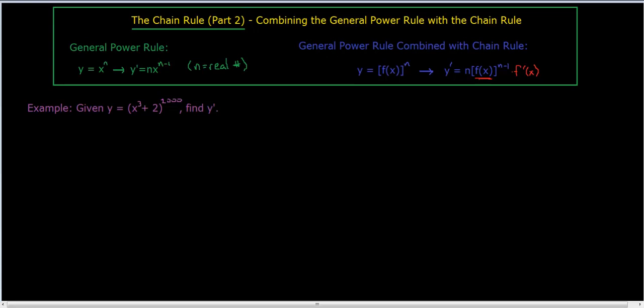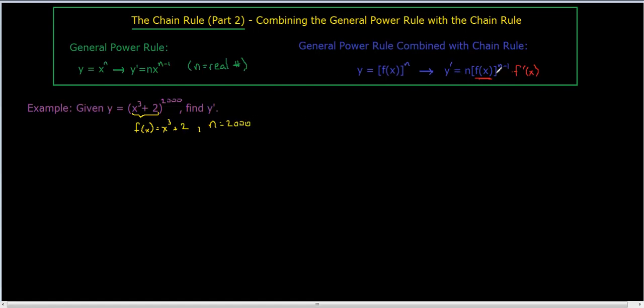So in this case, we have our inner function f of x. F of x is equal to x to the third power plus 2. And we're raising that to the 2000th power. So n is 2000.